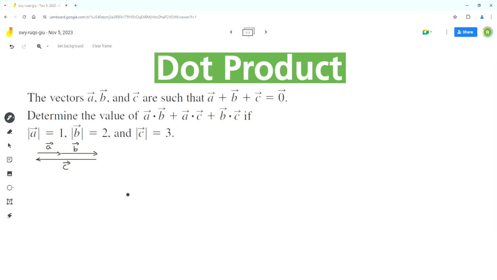Now we can see that the angle between vectors A and B is equal to 0 because they both are pointing in the same direction.